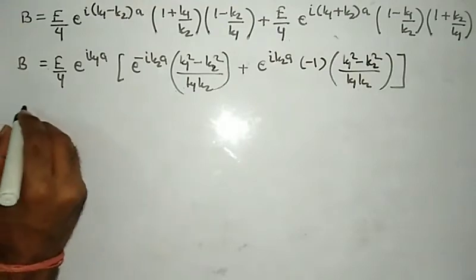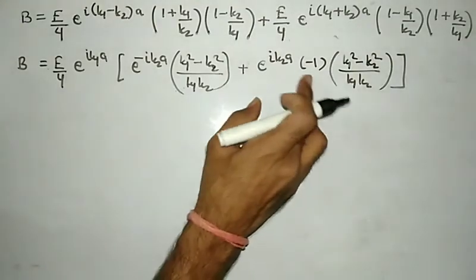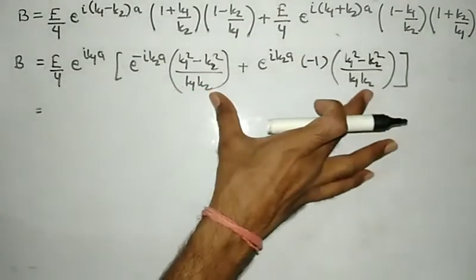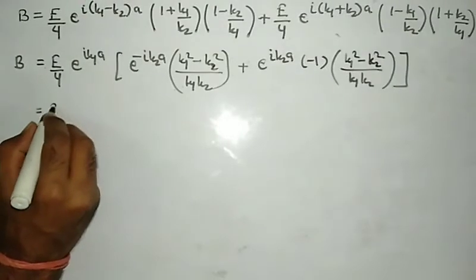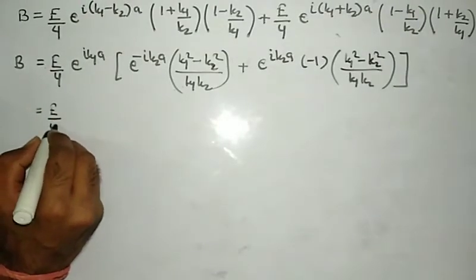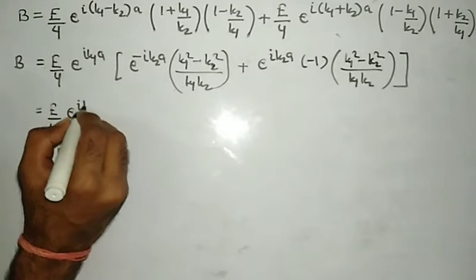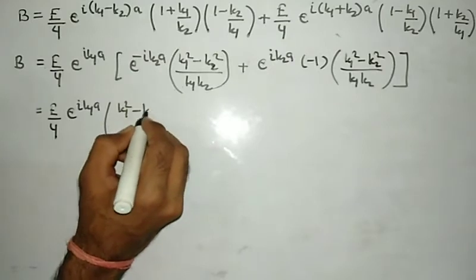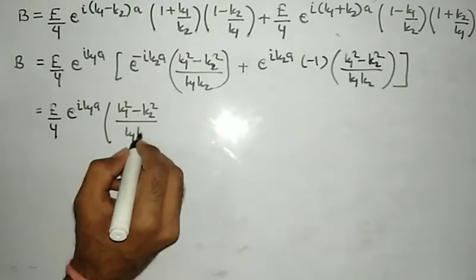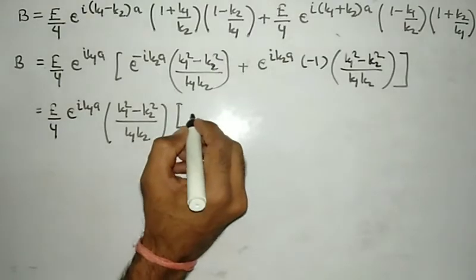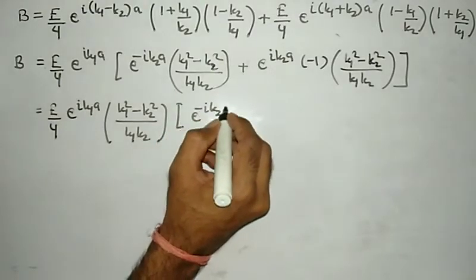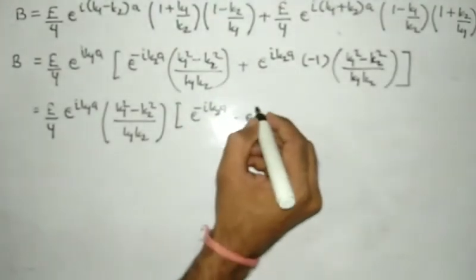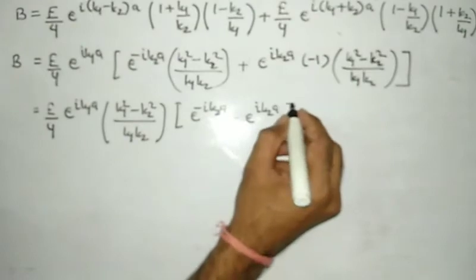Okay, now this minus 1, taking this also common, take outside E by 4 e to the power i k1a, k1 square minus k2 square upon k1 k2 in bracket, e to the power i k2a, and this minus e to the power i k2a.